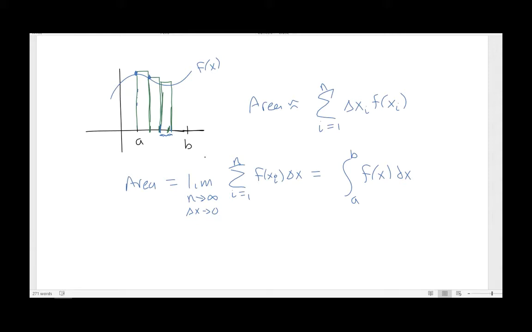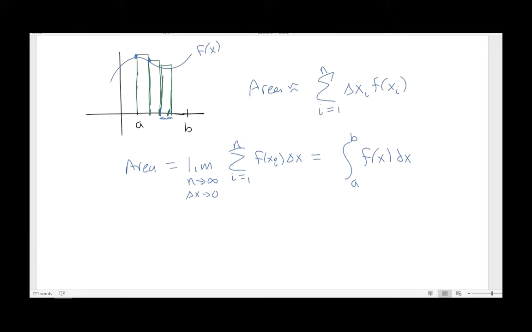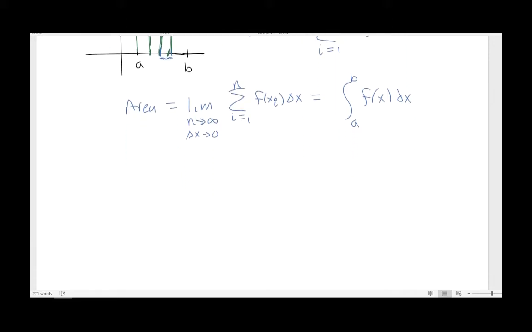Now, evaluating this limit of the Riemann sum was very difficult. It was very lengthy and tedious, and so we want some shortcuts, if you will. So this is kind of like when we did equations of tangent lines. Remember what we did with equations of tangent lines is we had a graph of some function, and we said, what's the slope of the tangent between, let's say, this point and this point, right?